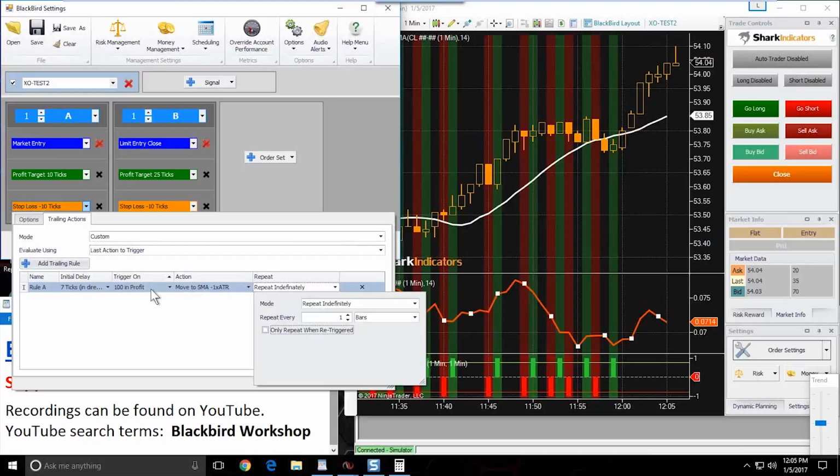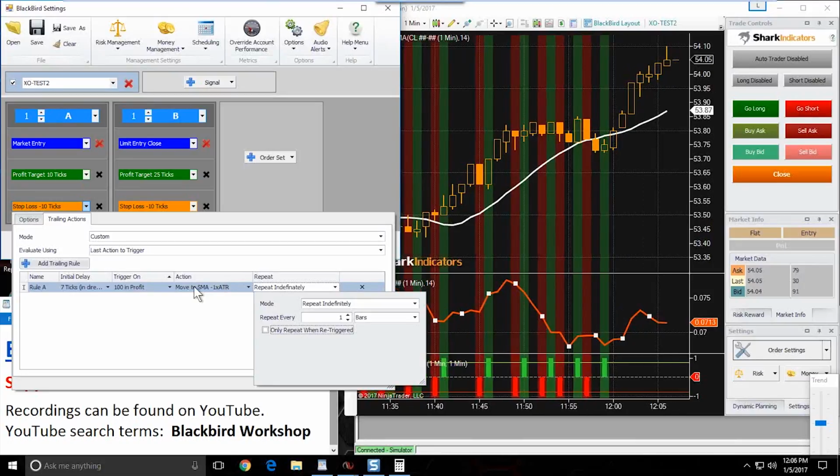In other words, once $100 in profit has been met, this action will always execute. This action will always move your stop loss, basically once per bar. This repeat is set to once per bar, so on every new bar, this action is always going to execute. We're always going to trail our stop loss, unless you check the repeat only when retriggered.